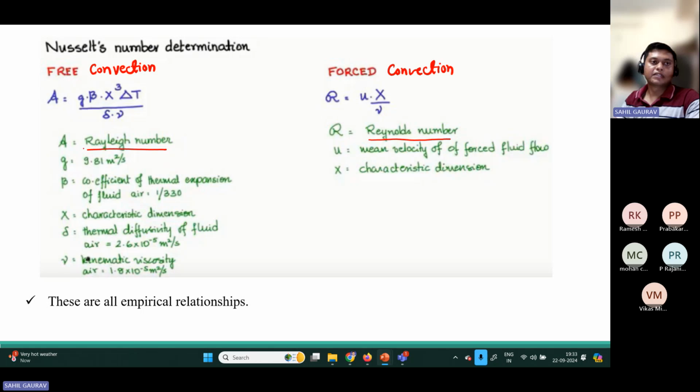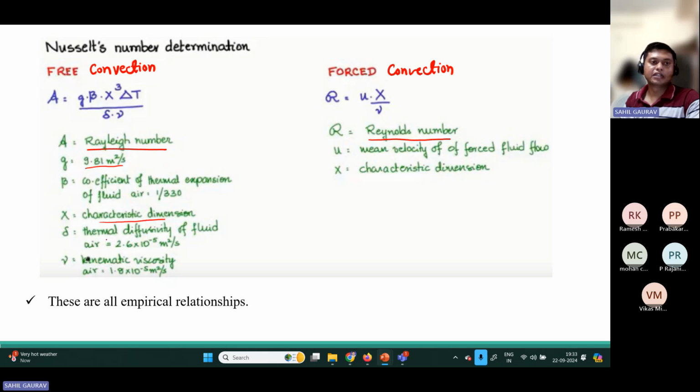For free convection, G is the gravitational acceleration, 9.81 meter per second squared, and beta is the coefficient of thermal expansion of the fluid, air, that is 1 upon 330, and X is the characteristic dimension.